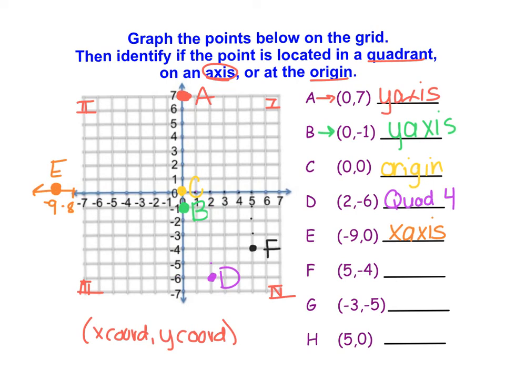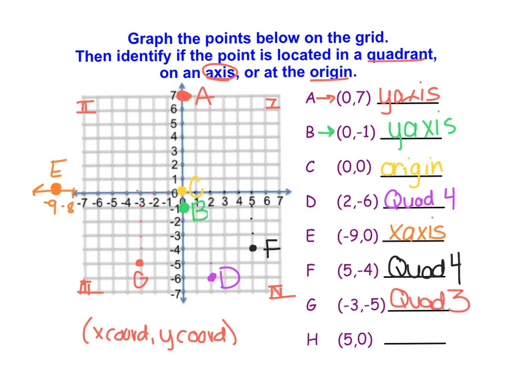And point F is down there in quadrant 4. And then my next point, I'm going to go where x is negative 1, 2, 3. Y is negative 1, 2, 3, 4, 5. So there's point G, and I can see that that's in quadrant 3.